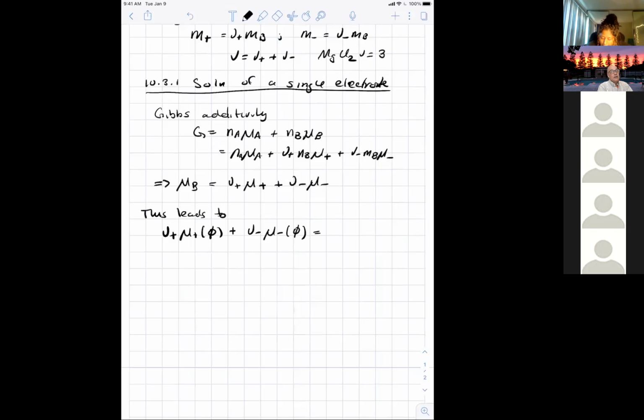So we have the chemical potential of the positive ion and the chemical potential of the anion. For each part, this is the zero field part, so we're going to group those together, and the field dependent part, which depends on their charges.